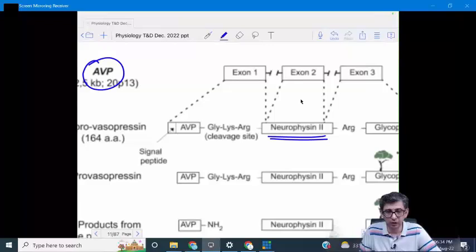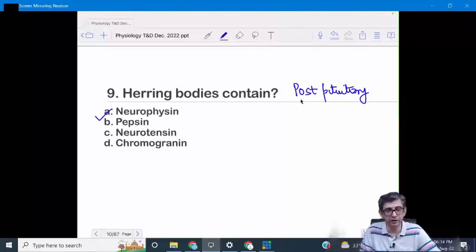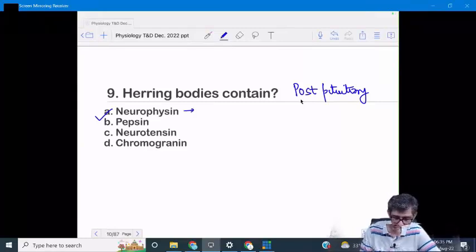The correct answer for this question is option A. Herring bodies are located in the posterior pituitary and they contain neurophysin. Neurophysin is a structural unit of vasopressin. The main function of vasopressin would be reabsorption of water via the collecting duct in the kidney.